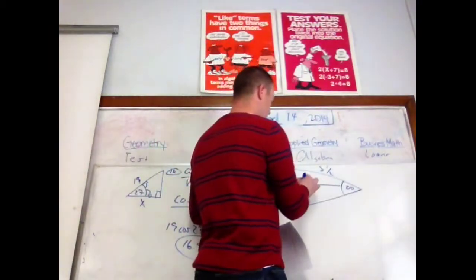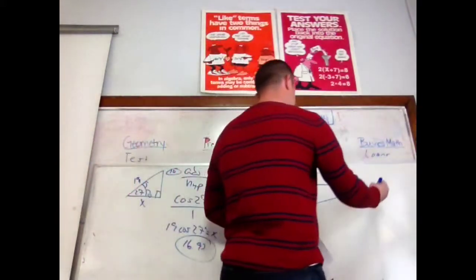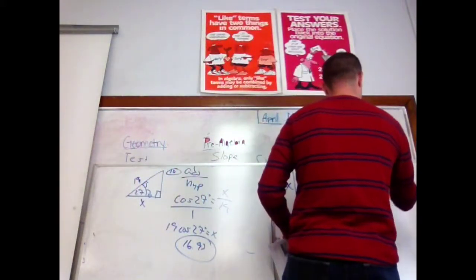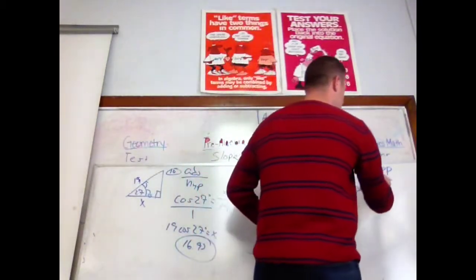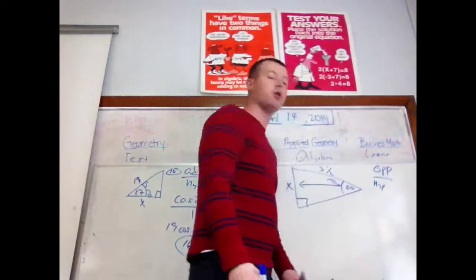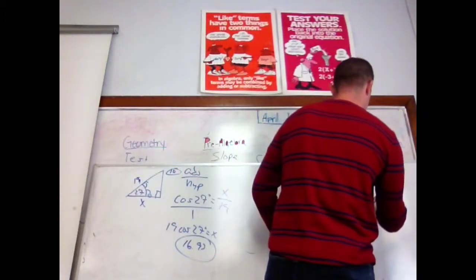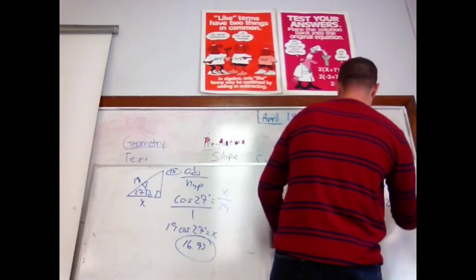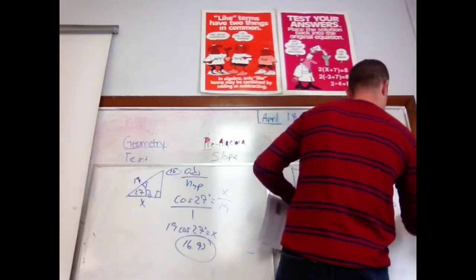It's x, so it's opposite over the hypotenuse. So, since it's opposite over hypotenuse, we say it's sine 20 is equal to x over 3.5.